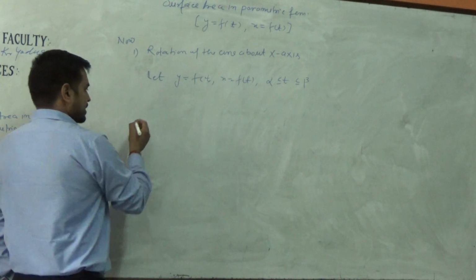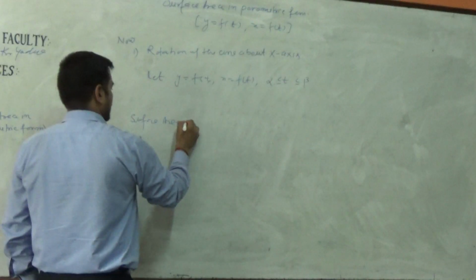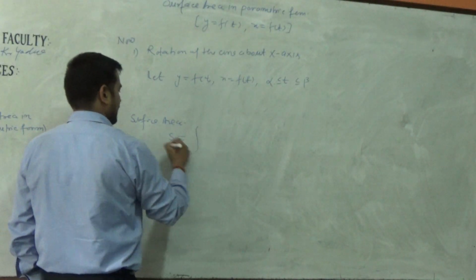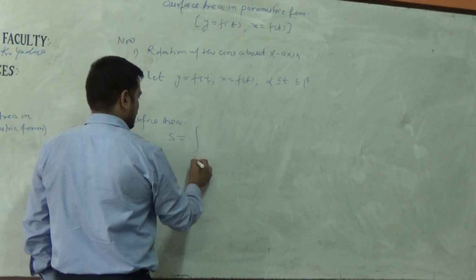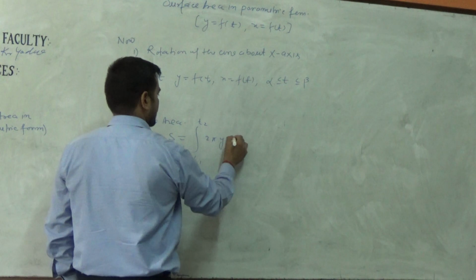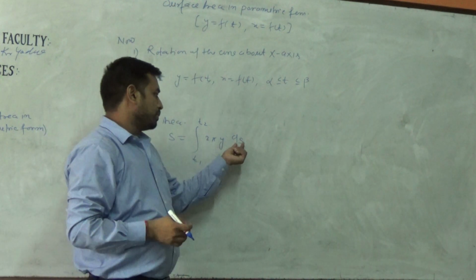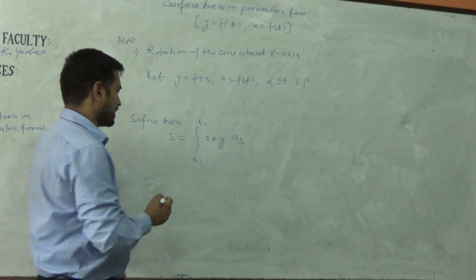In this case, the surface area S equals the integral from t1 to t2 of 2 pi y ds. Now we change ds in terms of t.